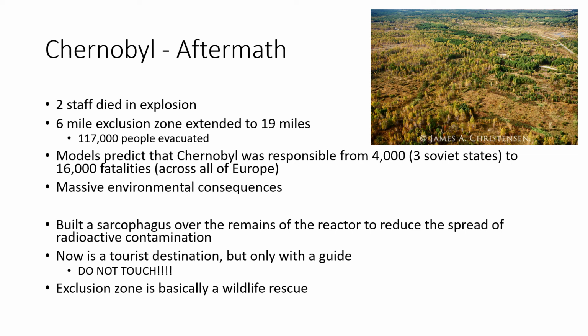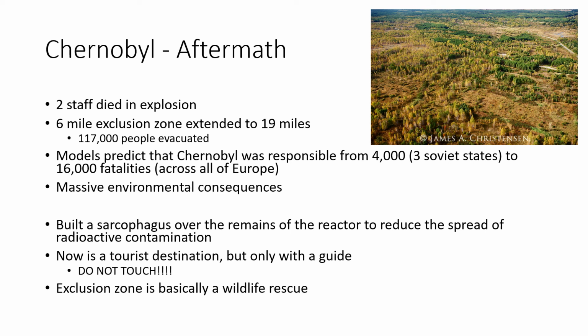So it had a pretty massive effect on just humans, and then add in the environmental consequences of the area around it. Just the tissue damage, you can see this red forest up there. The tissue damage of the trees was extensive.